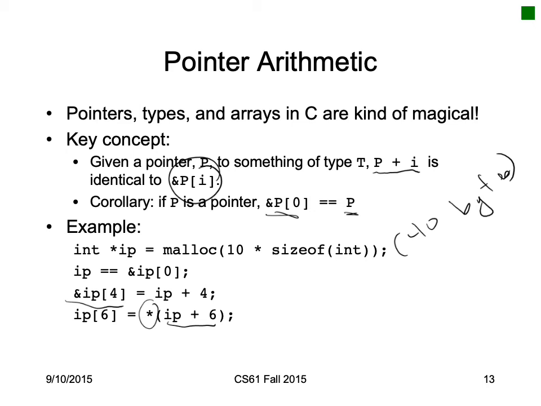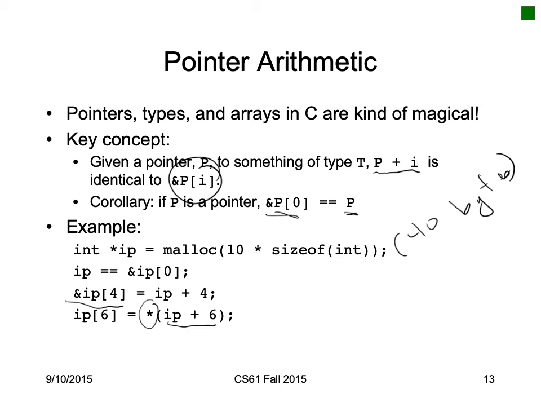And so independent of what the type is, the compiler looks at the type of p and it knows how much to increment if you want to get to the ith element. So these 2 are identical, and by corollary, the pointer p is exactly the same as the address of p sub 0.